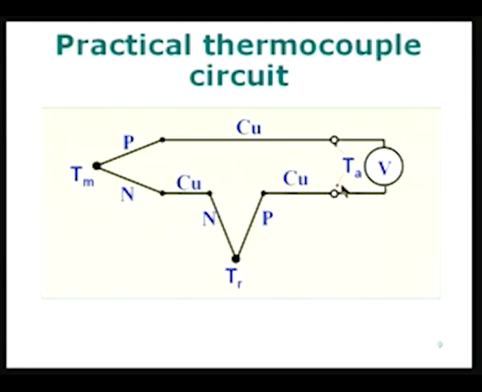Sometimes what we do is, in order to make sure that these extra junctions which are formed are at the same temperature, these are going to be connected to a large block of material, which is a highly conducting material in terms of thermal conductivity, and all these terminals are going to be connected onto lugs on that material, of course properly electrically insulated, but they are all tied onto the same material, which can in fact be kept at a constant temperature by, for example, circulating cooled water and so on.